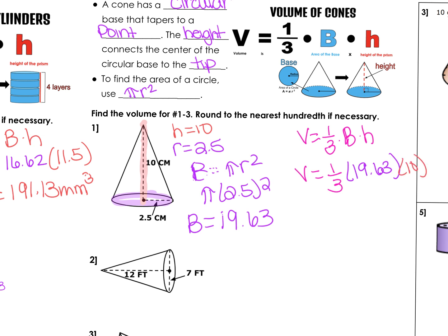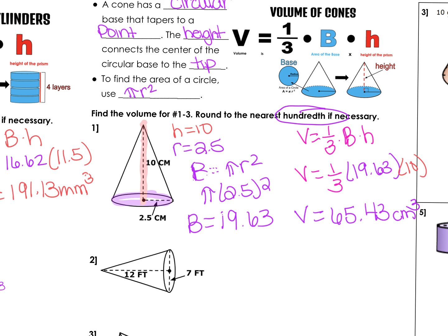I'm going to plug all of that into Desmos and round that to the nearest hundredth. So here my volume is 65.43 centimeters cubed.